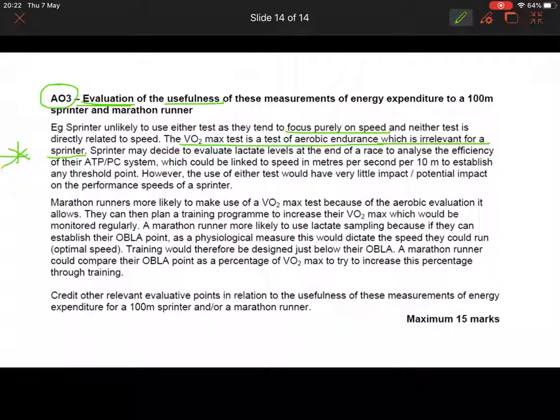But look at the next bit here. The sprinter may decide to evaluate lactate levels, again at the end of the race like we talked about, to analyse the efficiency of the ATP-PC system.